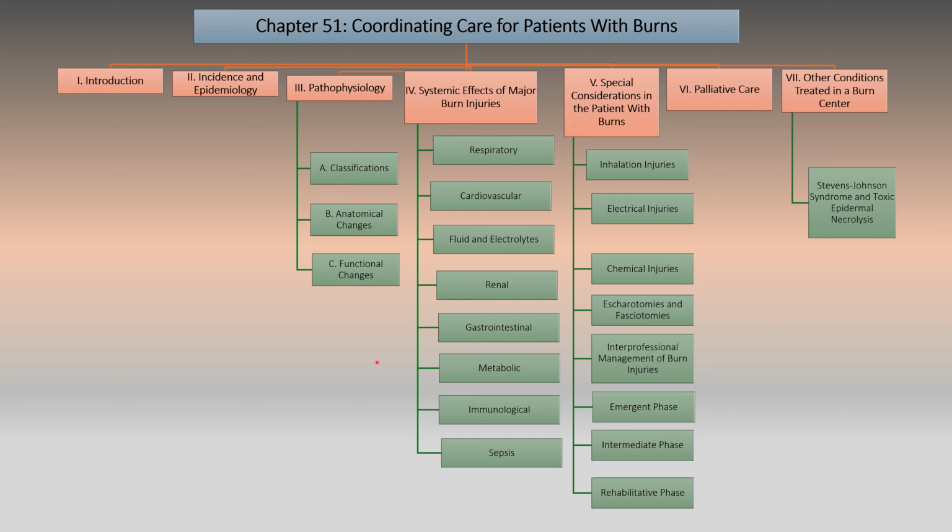A comprehensive metabolic panel is used to monitor fluid and electrolytes, especially initial hyperkalemia from cell damage and later hyponatremia and hypokalemia from fluid shift. It includes creatinine and BUN for renal function.